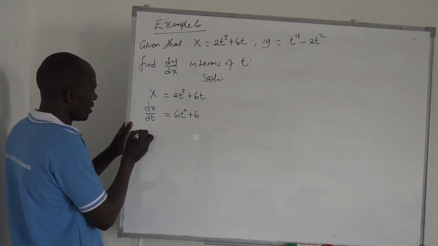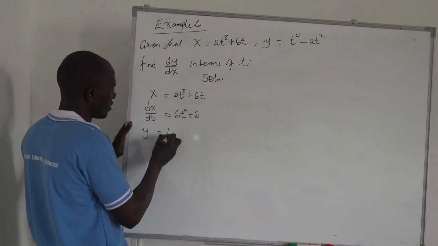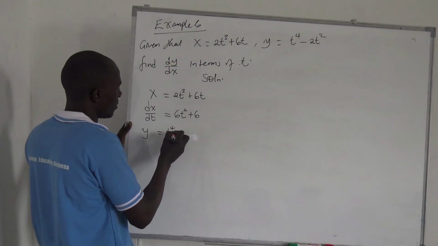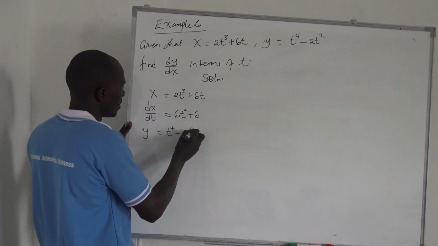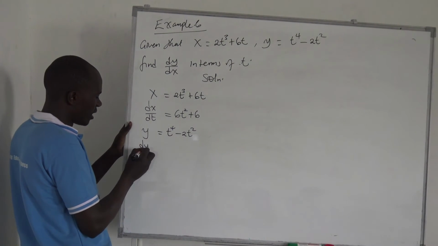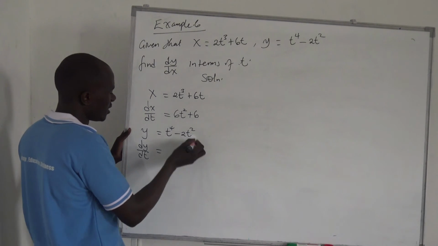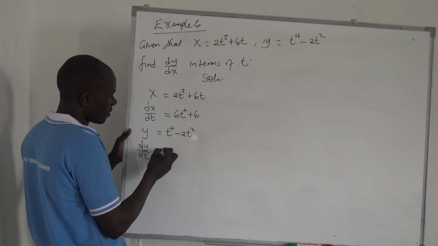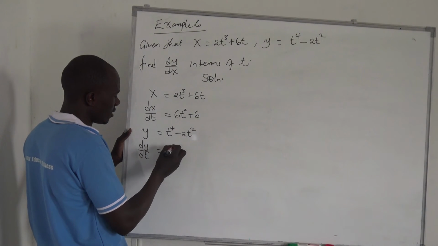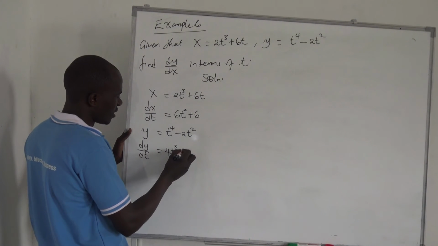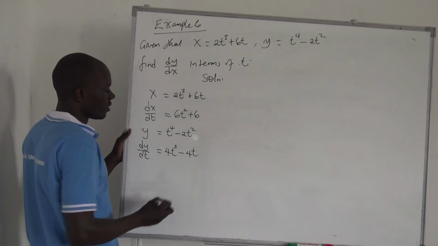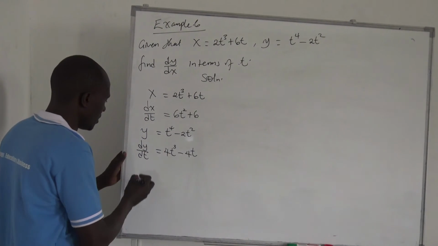So what is our y? Our y equals t power 4 minus 2t squared. Can we look at the dy/dt? What is the dy/dt? You are getting 4t cubed minus 4t.